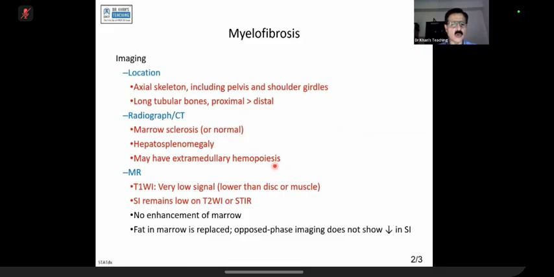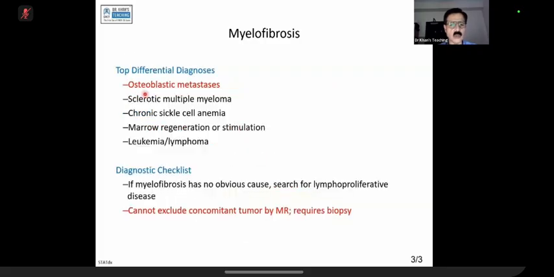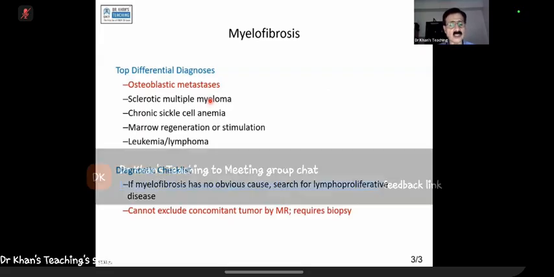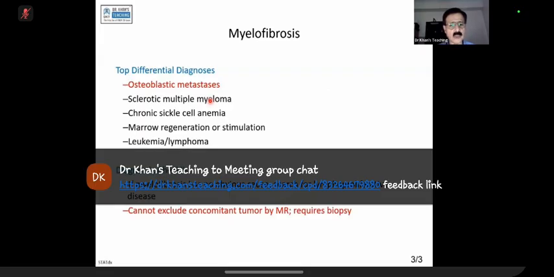And the point is that in this, what we were looking at, T1 is very low, and on the STIR sequence it will remain very low. Now the problem is the differential diagnosis of osteoblastic metastasis. So please remember, if there is a diffuse metastasis of prostate, it can give you this kind of behavior.